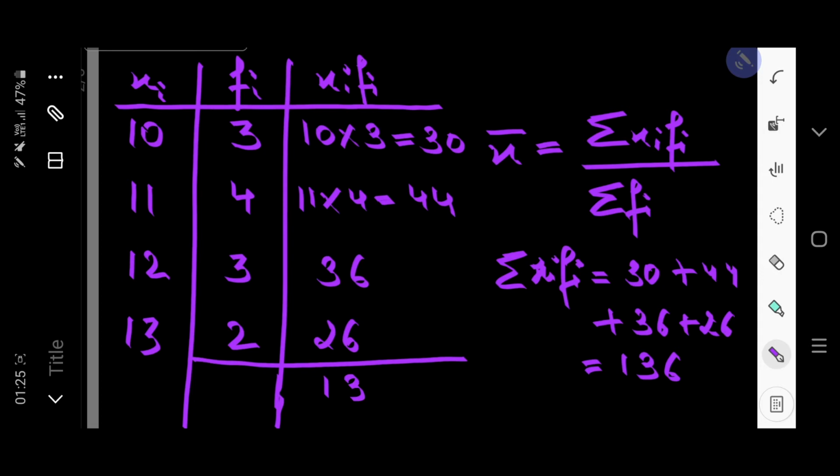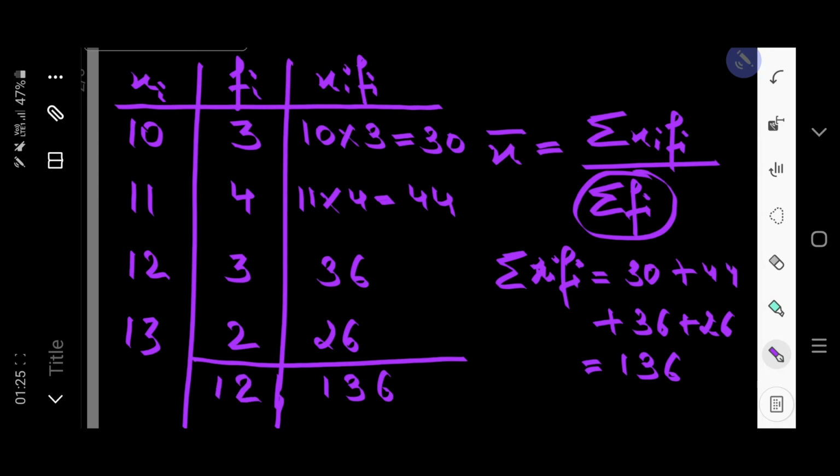Now we need to find sigma fi, which is the sum of all the values of fi. So here we have 3 plus 4 plus 3 plus 2, which is 12.